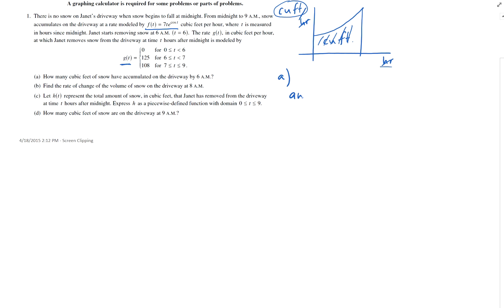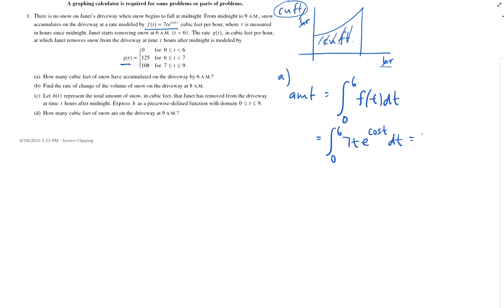So the amount on the driveway, isn't that just going to be the integral from 0 to 6 of f of t dt? And since I have my calculator, it's going to be 0 to 6 of 7t e to the cosine of t dt.